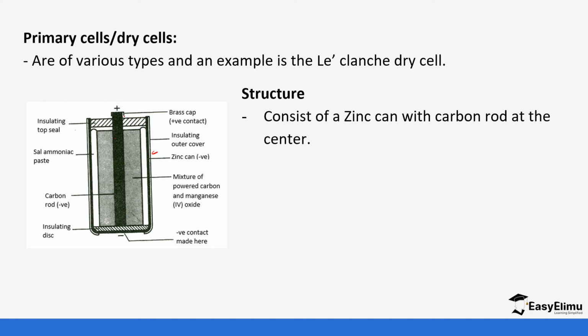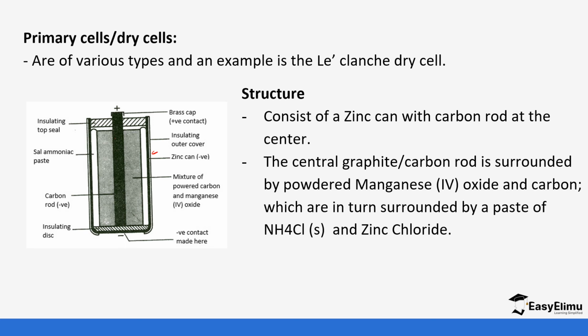So we have the zinc can and a carbon rod at the center. The center, which has the carbon rod, also known as the graphite rod, is surrounded by a mixture of manganese oxide and carbon, as you can see. This mixture is in turn surrounded by a paste of ammonium chloride and zinc chloride.